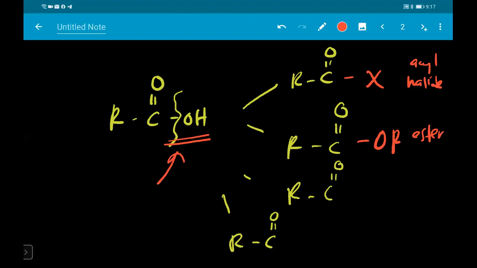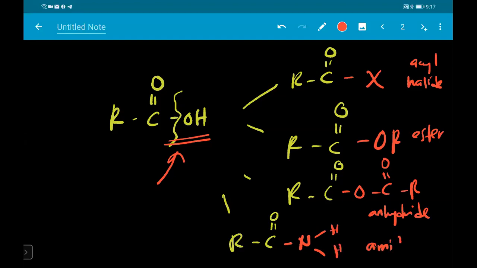We replace OH with O C double bond O R. This one is quite complicated. This is anhydride. Lastly, we replace the OH with NH2. Please take note, the nitrogen has 3 bonds based on valence bond theory. So this is called amide.